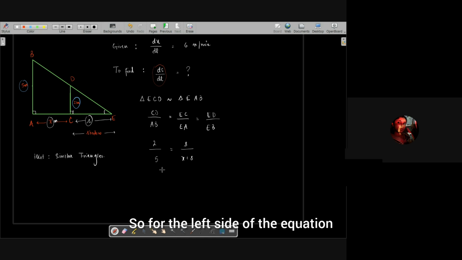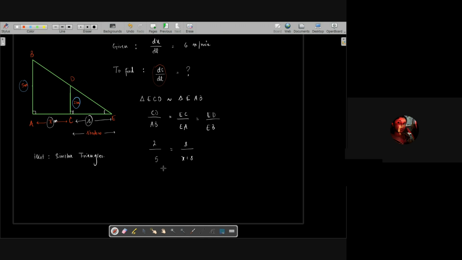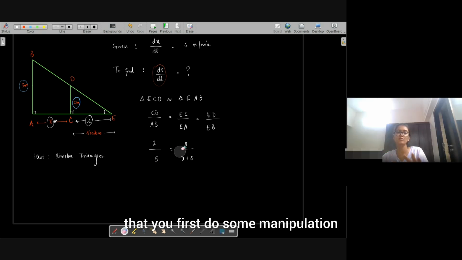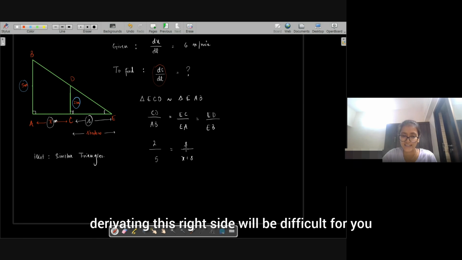So for the left side of the equation, because it's a constant, you wouldn't be able to differentiate it, right? So would it just be 0? 0, yes. Now, I would recommend that you first do some manipulation. Otherwise, differentiating the right side will be difficult.